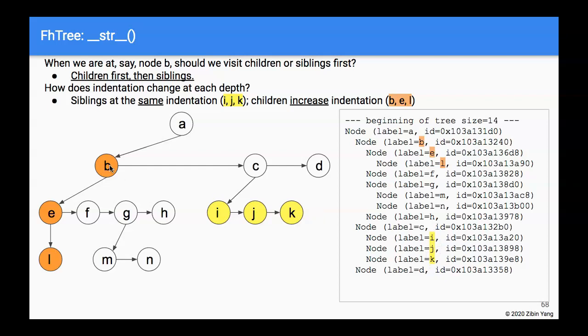And you can see the same thing, for example, between B, C, and D. The indentation does not change. But when we go from a parent to a child, then the indentation increases. So if we go from B to E to L, and we go to E, the indentation increases. And when we go to L, the indentation increases even further. So please keep these two things in mind as we write our code.